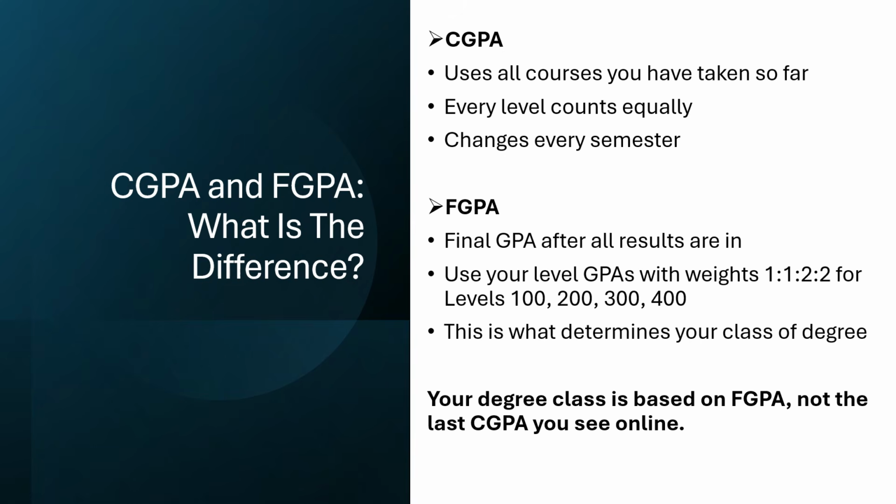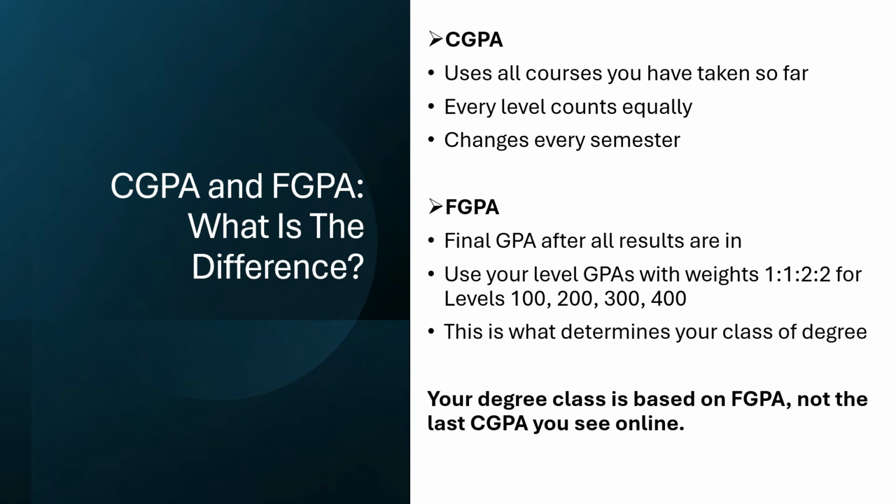So you use your GPA with a weight of 1122 for level 100, 200, 300, and 400. So what's the 1122? It means that the GPA you're going to see, you're going to multiply it by 1. Some will do it over 6. It's not wrong. Sometimes I'll do it over 6, but this one I'm using. So you multiply by 1.